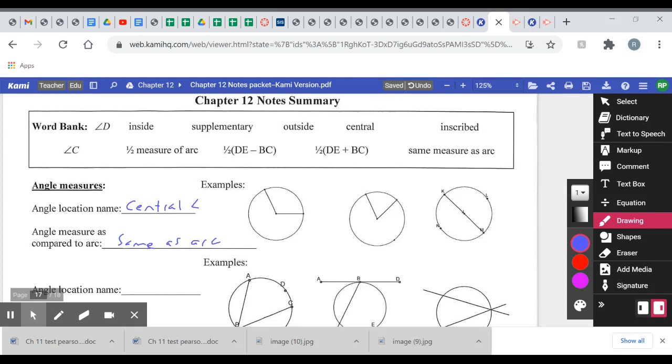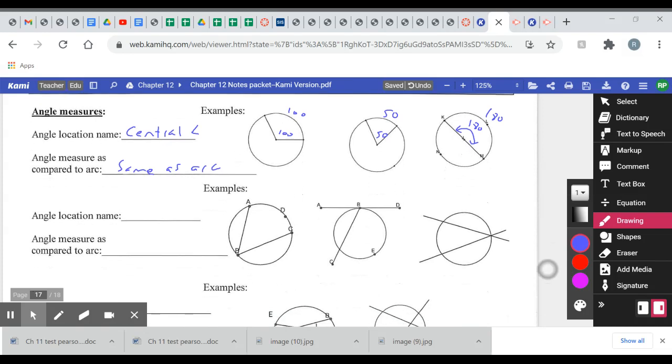Like we said before, if this arc is 100, then this angle is 100. If this angle is 50, we know this arc is 50. And if this arc is half the circle, which is 180, because the diameter is splitting that circle in half, then we know that central angle is 180.